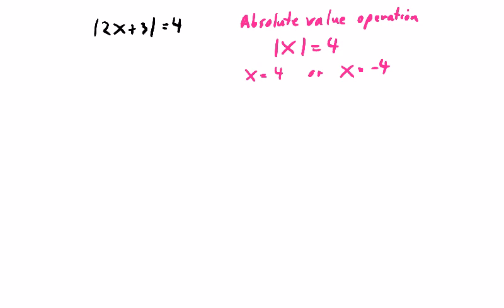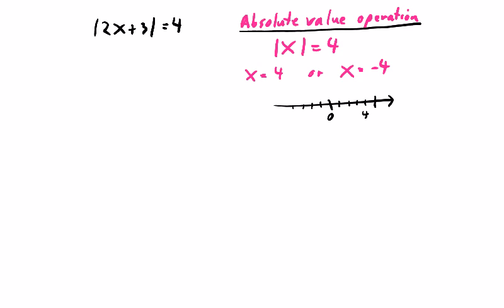The absolute value operation takes the value that you put in, and it gives you the distance of the value from 0. So if we were to consider a number line, the number 4 is 4 units to the right of 0. So its distance from 0 is 4.